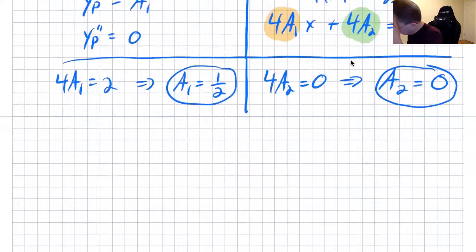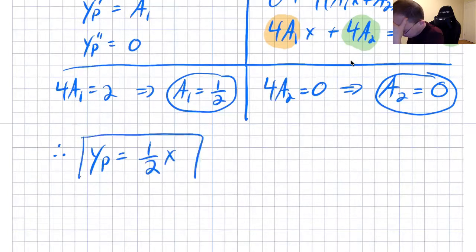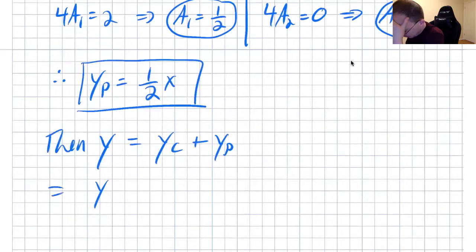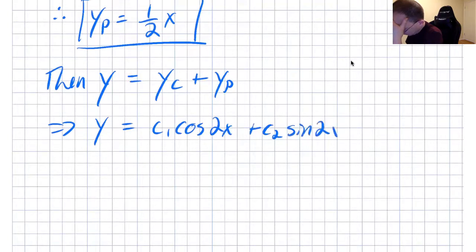Okay, so now that tells us what our particular solution is. So yp is 1/2 times x plus 0. So this is it. And so therefore, y, which is yc plus yp, this implies that yc was c1 cosine 2x plus c2 sine 2x, I believe.